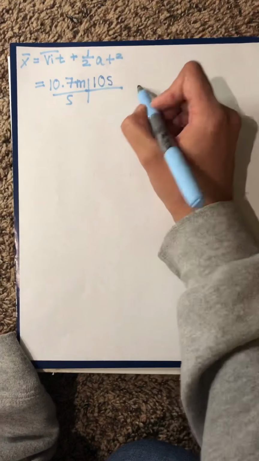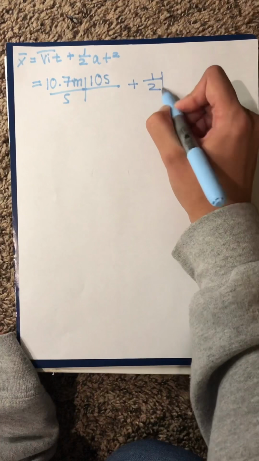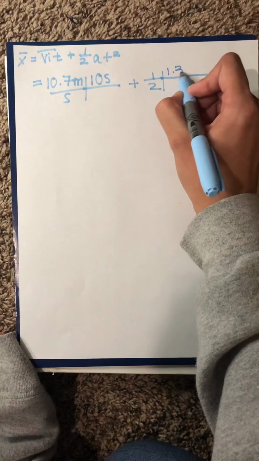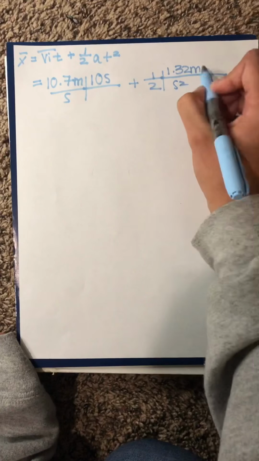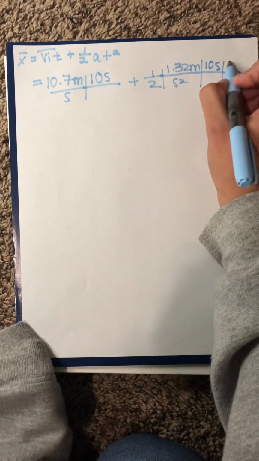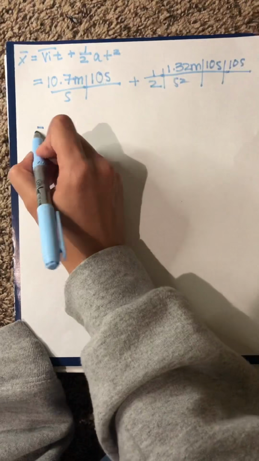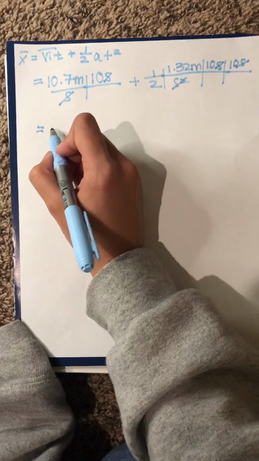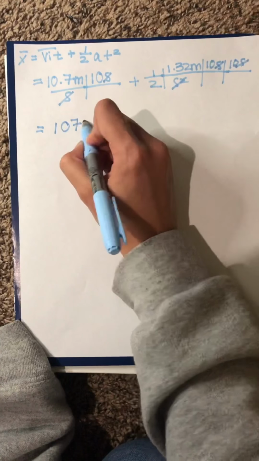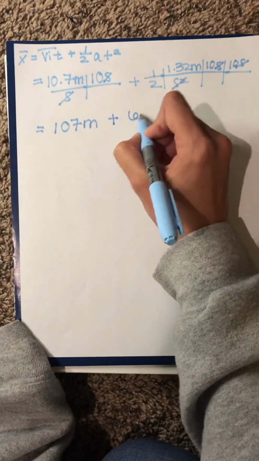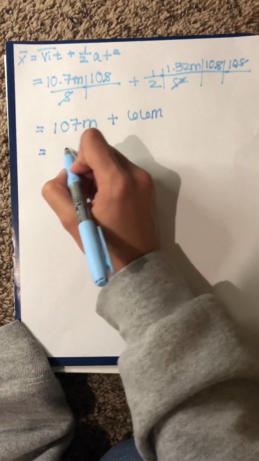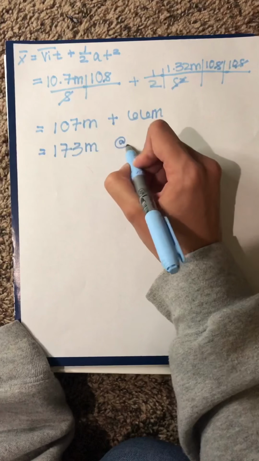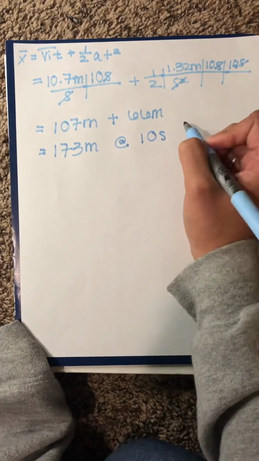So we'll do 10 seconds plus 1/2 acceleration, which is the same as 1.32 meters per second squared with the new time of 10. We can cancel and cross out units, and we now know this is 10.7 meters plus 66 meters, which gives us a total of 173 meters traveled at 10 seconds.